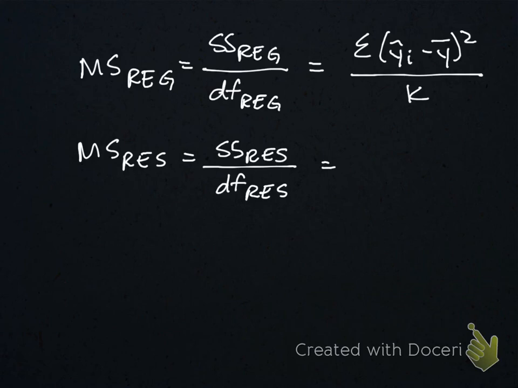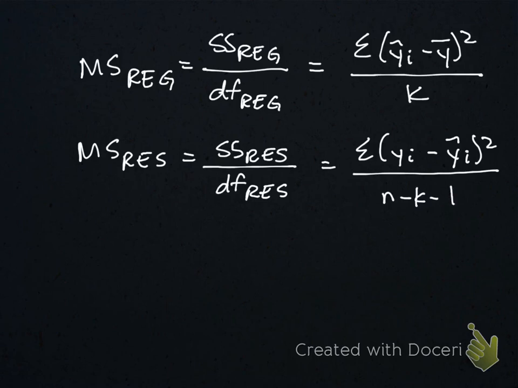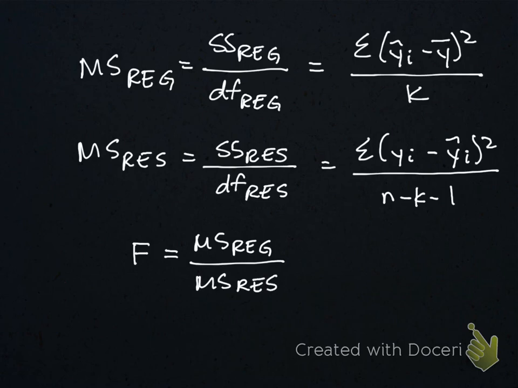That's going to be equal to the sum of each person's actual score on y minus their predicted score on y squared over n minus k minus 1. And finally, that's going to leave us with our F statistic, which is going to be that mean square regression over that mean square residual. So that's our first route of assessing model fit.